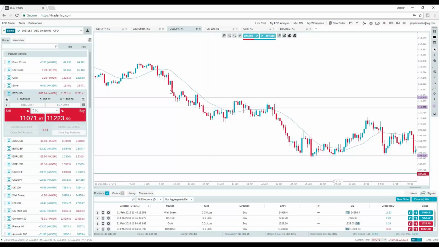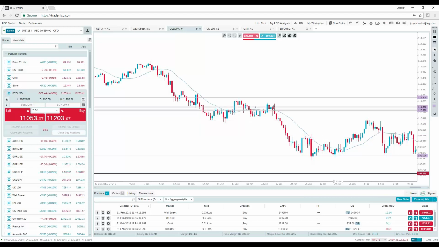Obviously some simple examples here, maybe in this particular section of the trade, while the market's below the 20 period moving average, you just let your position ride. Here it touches the 20 moving average, but then down here it spikes above it. So you might just be using the 20 period moving average as a basis for your stop loss.